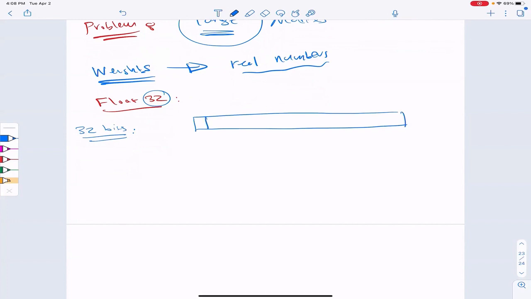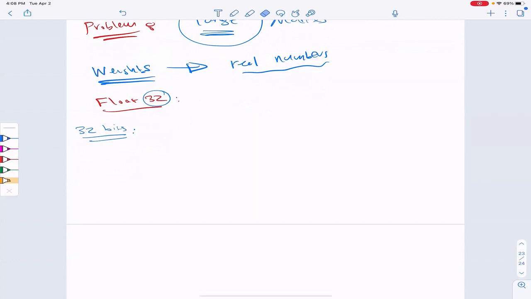So obviously, one bit is going to be dedicated to indicate the sign. Either that number is positive or that number is negative. So that's called sign bit. There's no getting away from that. So one bit for sign, plus or minus.